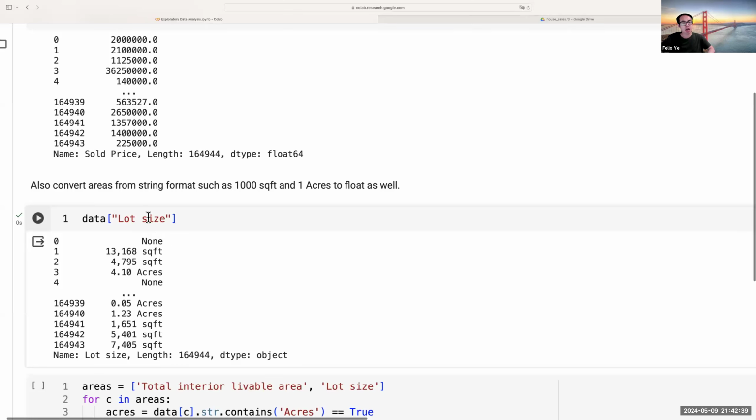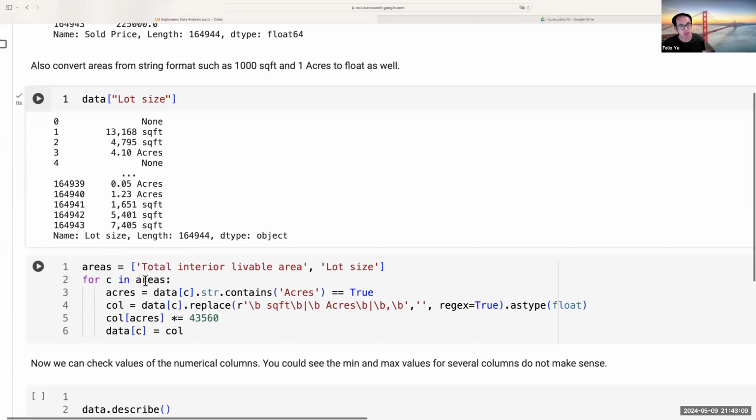That means you need to convert this area from string format to maybe square feet or acres, put everything into the same unit, and change this into a float. You actually have to do it, because otherwise you are comparing apples versus pears. You cannot compare these two things. It has to be in the same unit, so you have to convert the unit.